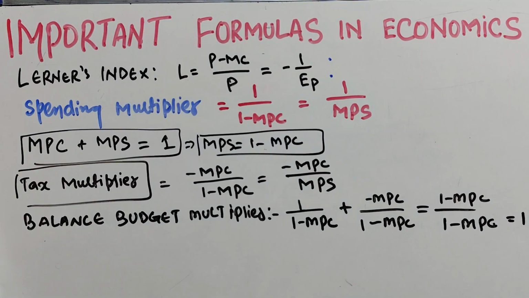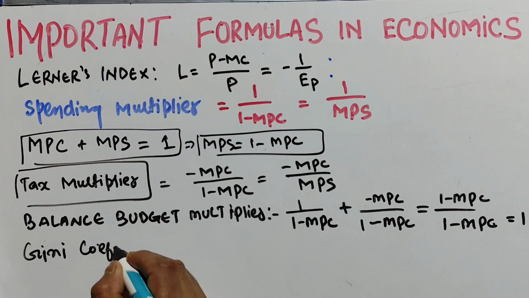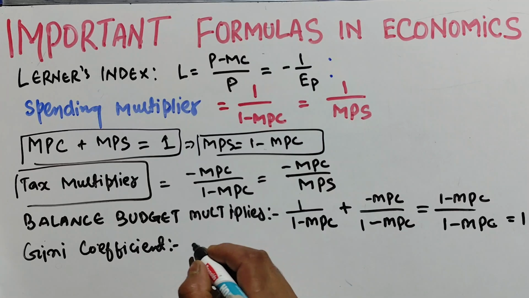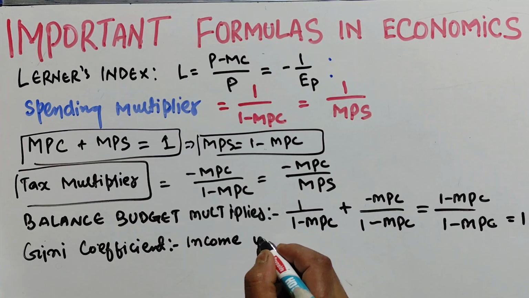Next we have the Gini coefficient. It is used to measure income inequality.